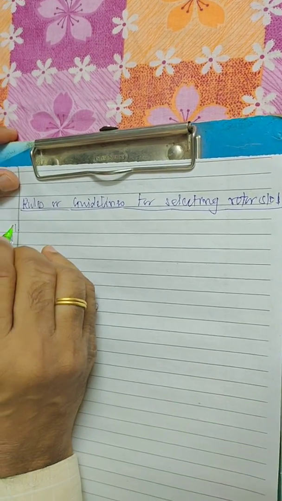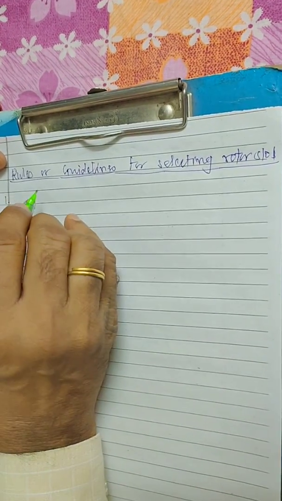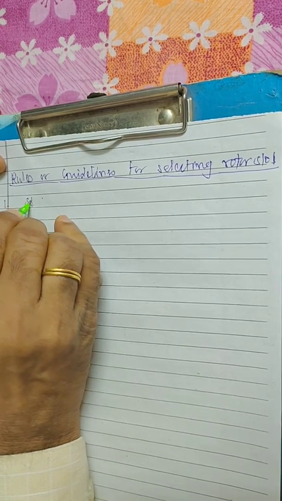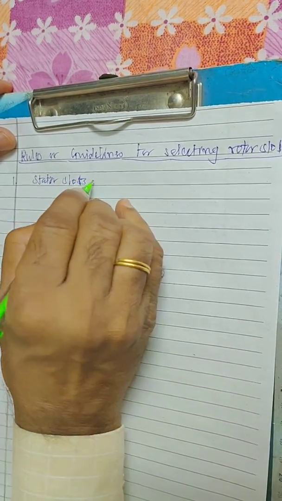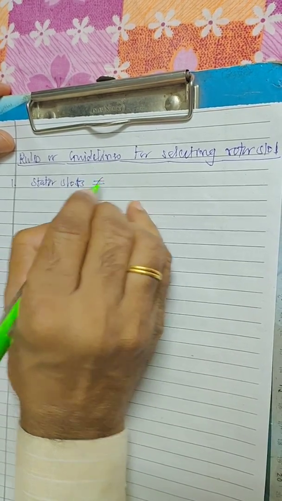Guideline number 1. Stator slots should not be equal to rotor slots.